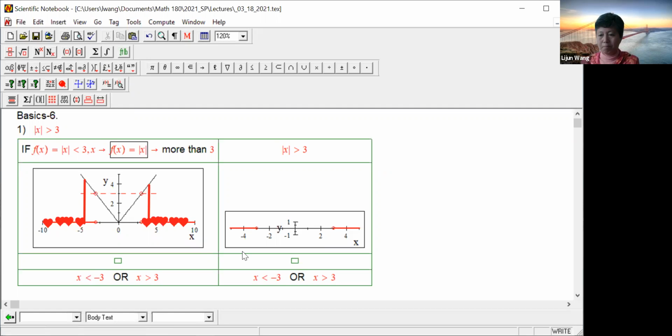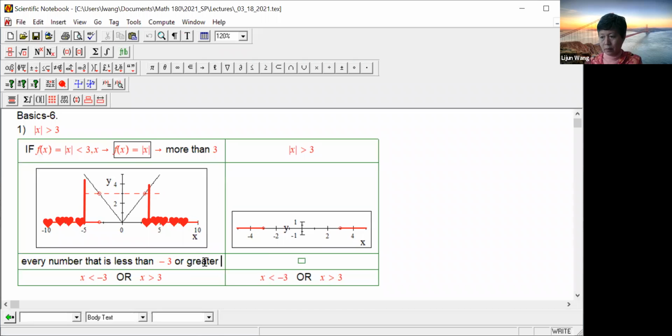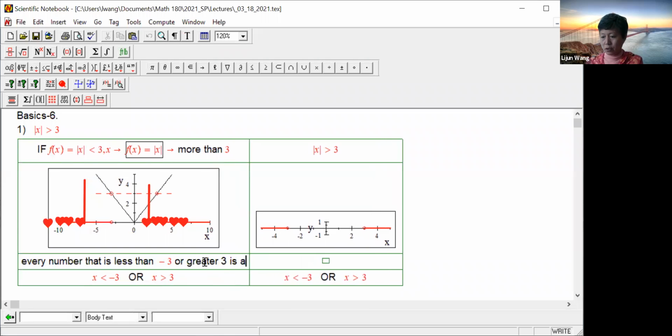Okay, let's write down the words. Every number that is less than -3 or greater than 3 is a solution.